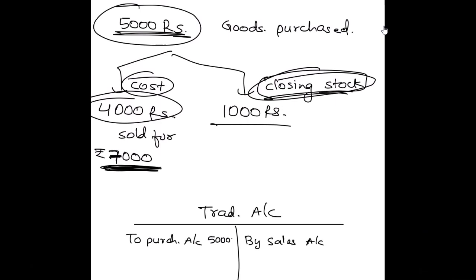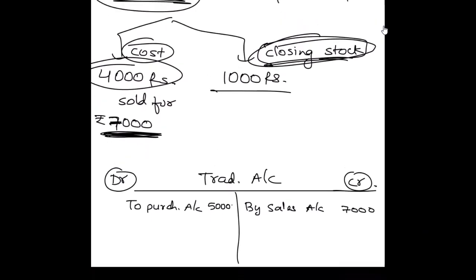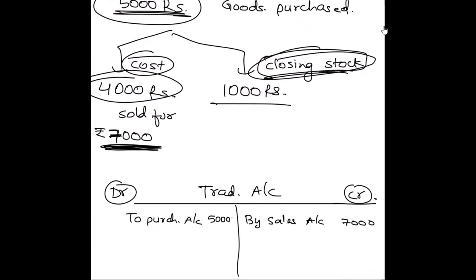By sales account 7,000. Now if you see the debit side and the credit side, how much is the profit? If there is no other entry, how much is the profit? So 5,000 is the purchase, sale is 7,000. So my gross profit will be 2,000 rupees, because on the credit side total is 7,000.